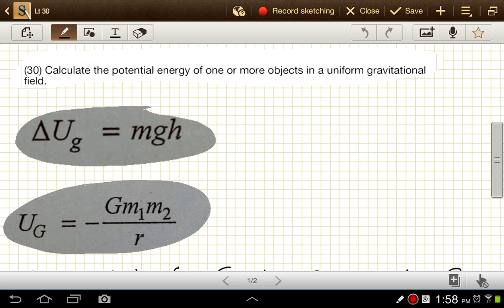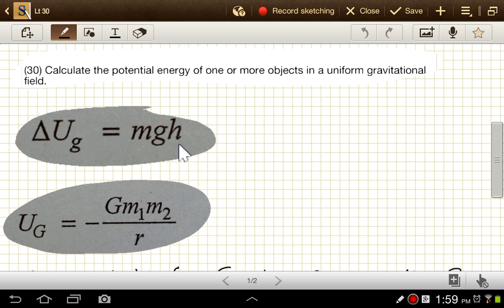Usually we think of that as the height above the surface, typically of the Earth, is where we would use this. So g is going to be the negative 9.8 meters per second squared. We just use the positive value there. M is the mass, and h is the height. And then typically we would do this for two different positions.